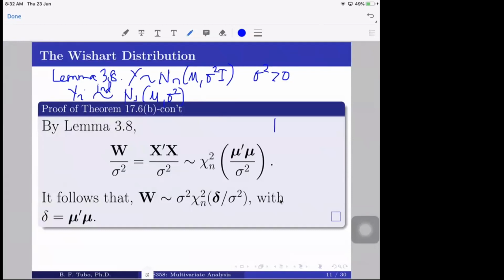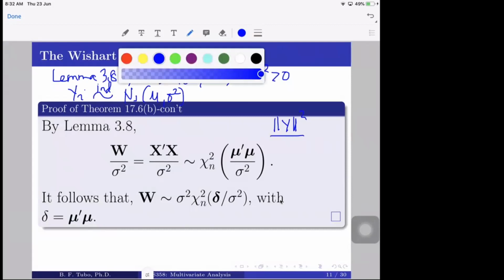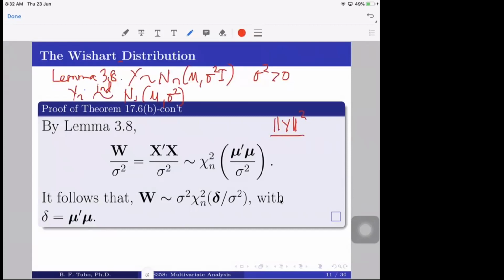And if you look at the square norm of y, the square norm of y over sigma squared, and that is equal to, okay, the square norm is actually y prime y, no? That is chi squared with degrees of freedom, and the non-centrality parameter is mu prime mu over sigma squared.